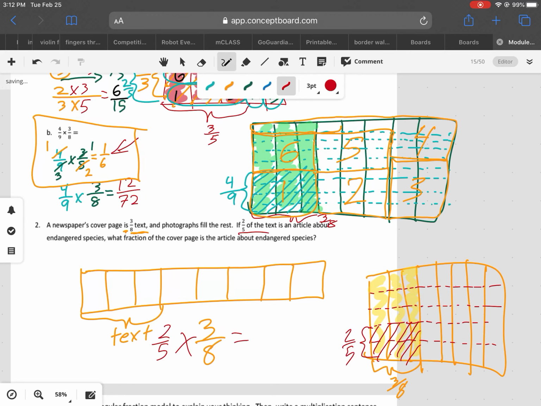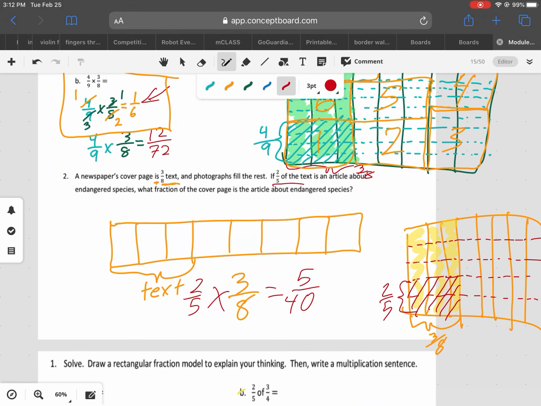So we have 2/5 of 3/8, which gives us 5/40. Oh, wait a second. Can we do some simplifying? Yes, we can. 2/5 times 3/8.